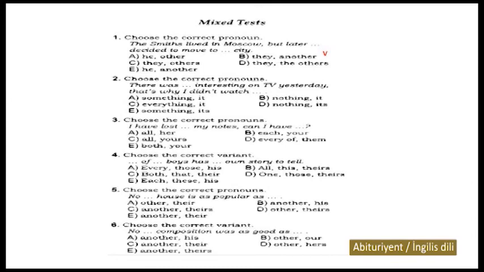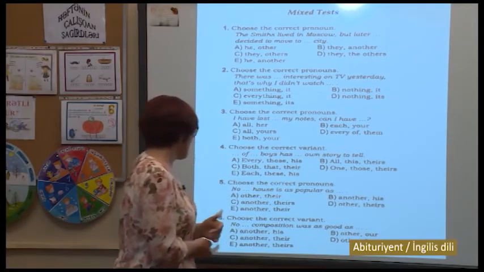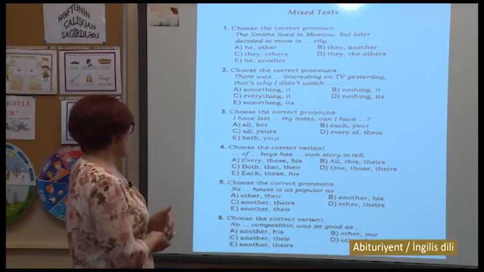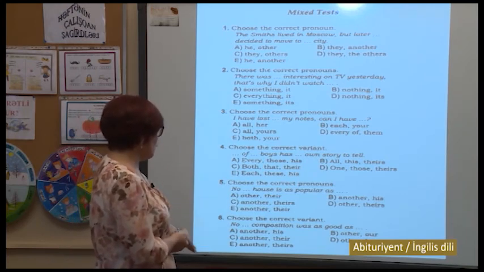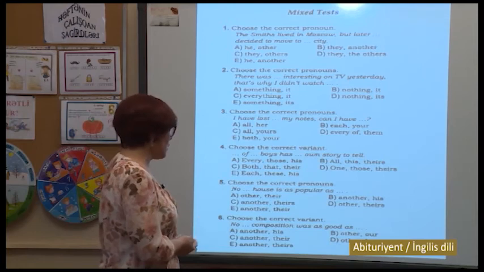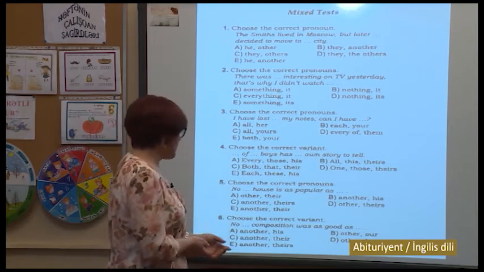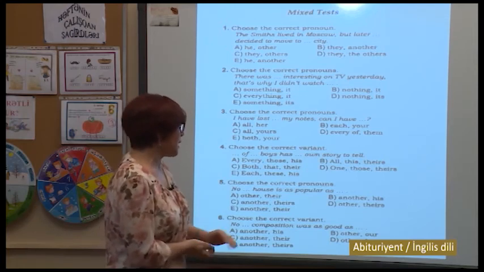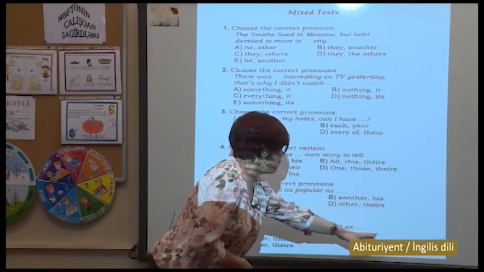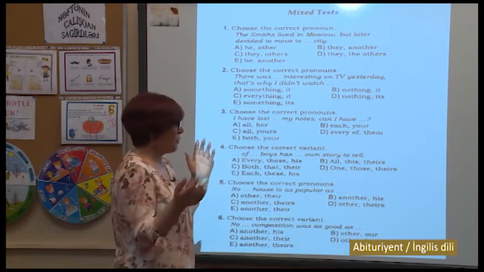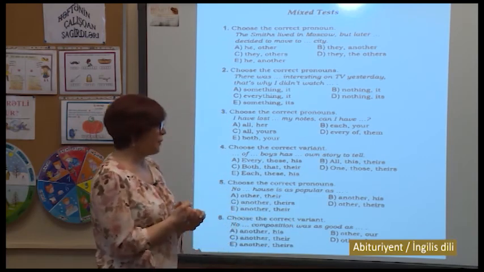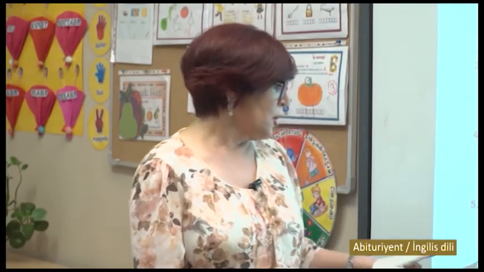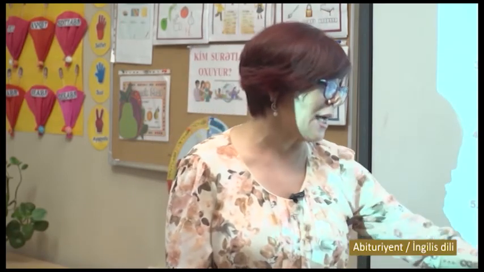No other house is as popular as theirs. And the last one here: no composition was as good as. No another, no other. A, C, and E variants are incorrect. And what about here? Our. We can't use our. Why? Because we don't see any noun there. And our right version is other. No other composition was as good as hers.